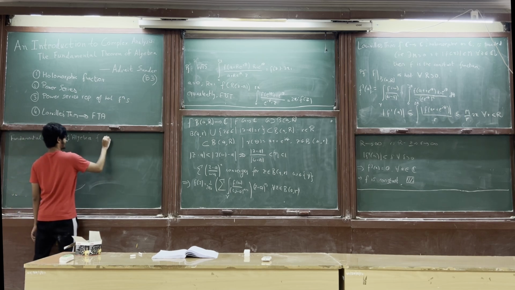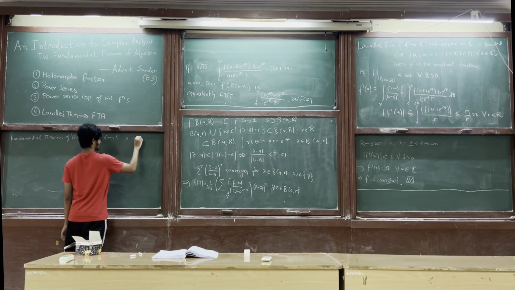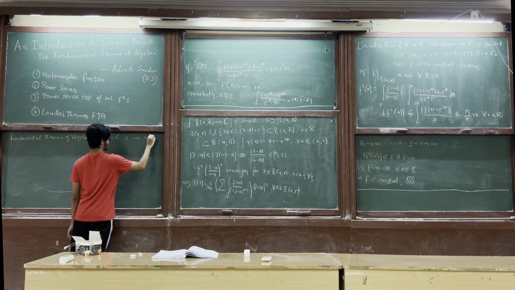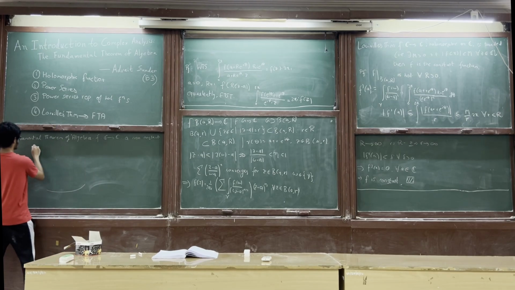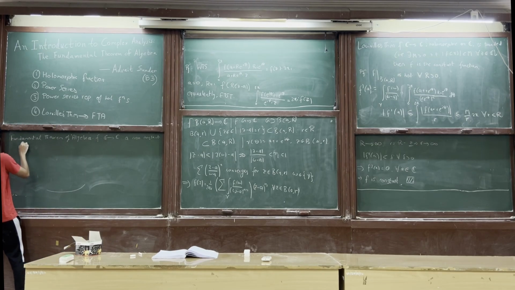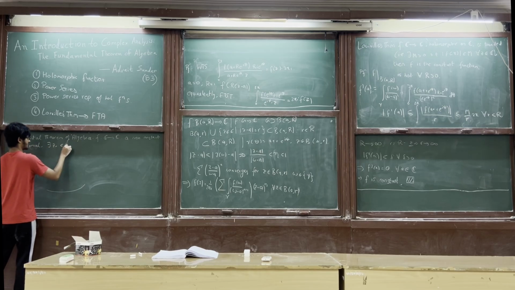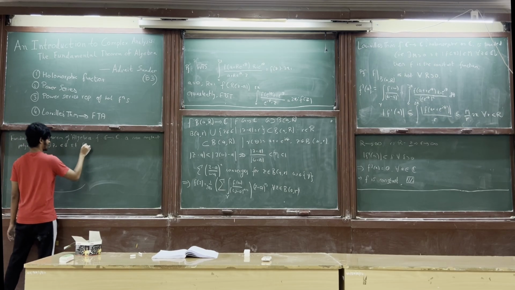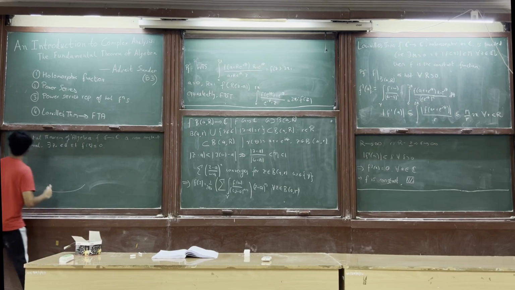Given f from C to C, a non-constant polynomial, there will always exist some z0 in C such that f of z0 is 0. Okay?